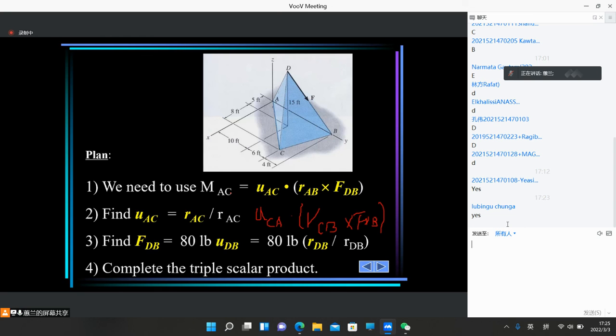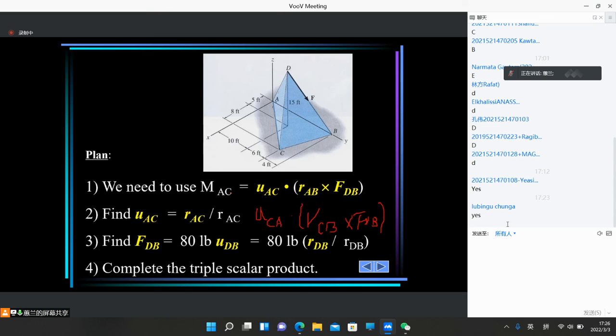So first time I choose A, and I calculate the moment of F about point A, and then I find the axis AC.